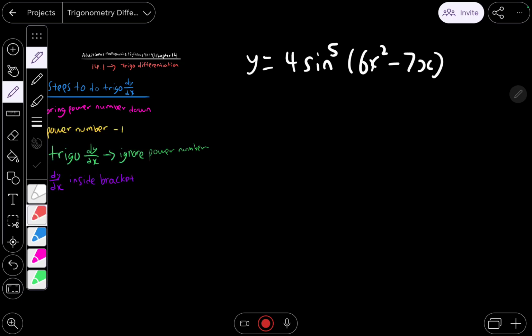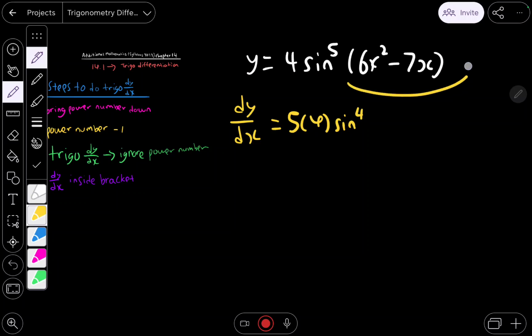Alright, so dy over dx is equals to power number come down. So it will be 5 bracket 4 sine, power number minus 1, 4, and then this now is your aka your x, as you have seen earlier when you differentiate sine x.